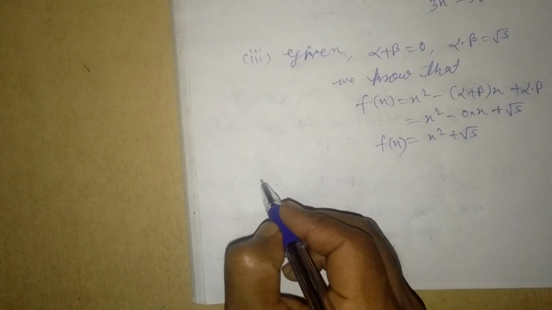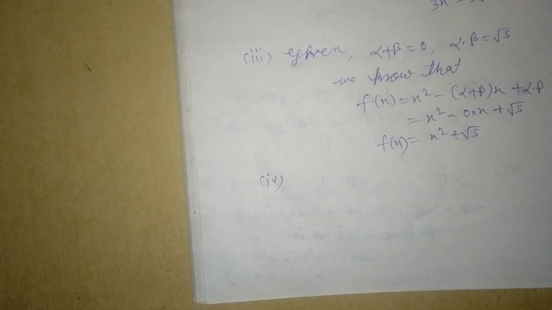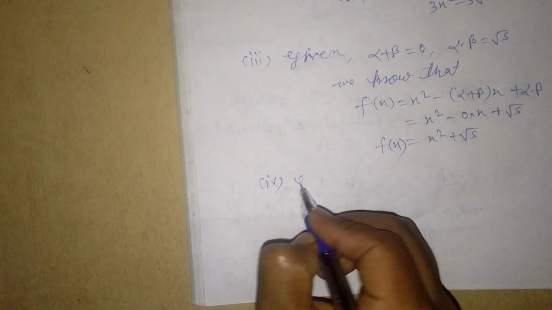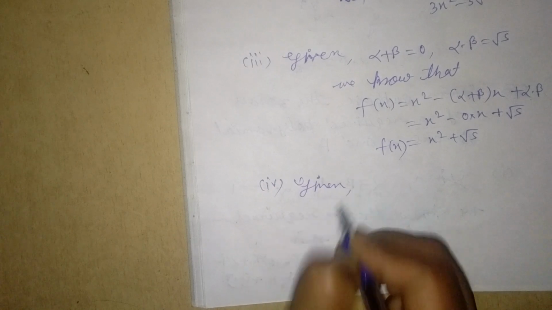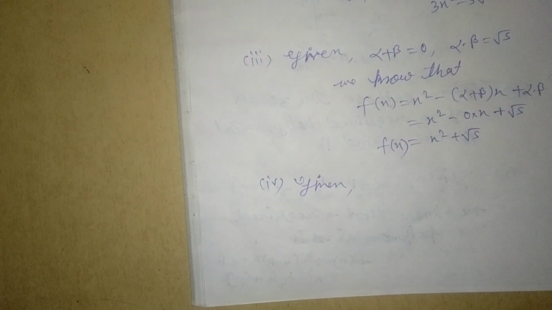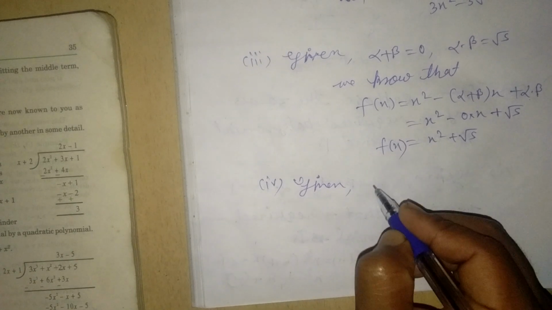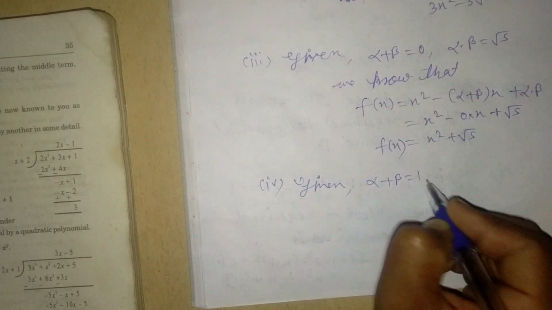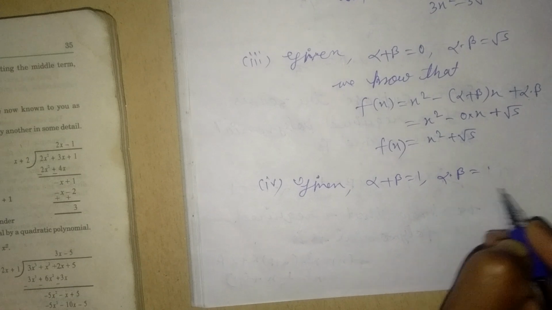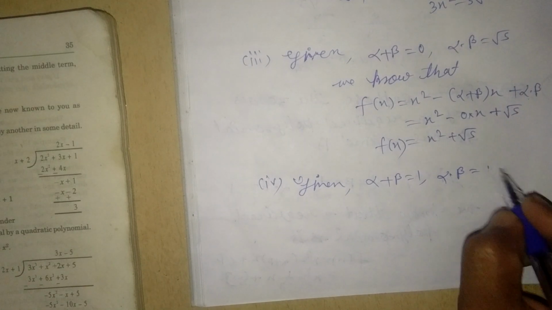Our fourth question. In the fourth question, given 1 and 1, means alpha plus beta is equal to 1, and also alpha into beta is equal to 1.